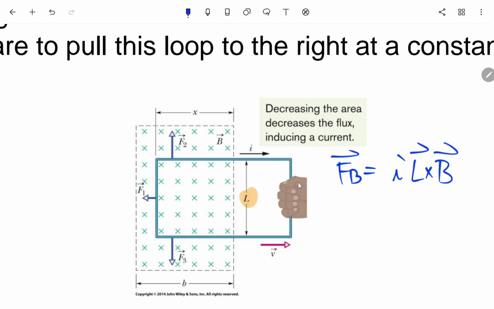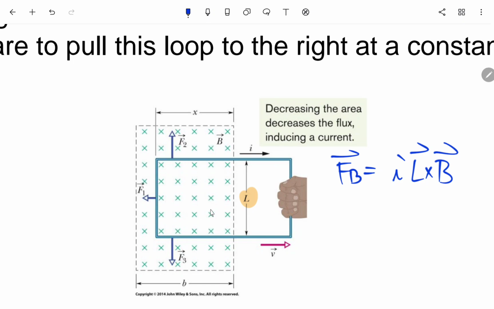Here we can try to see whether there is any force acting on the wire. Here we don't have any B field, so no force acts on this wire. And for this one, we first need to determine the current.